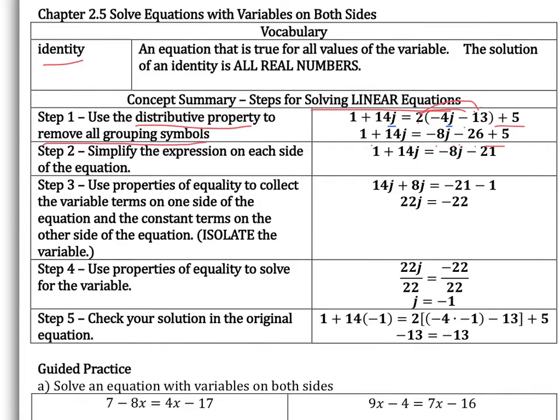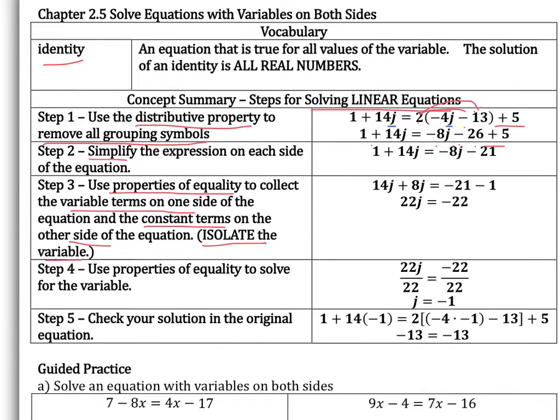Now, step 2, we need to simplify the expression on each side of the equation. So how do we do this? We have to use the properties of equality to collect the variable terms on one side and the constant terms on the other side. Again, your goal is to isolate the variable.